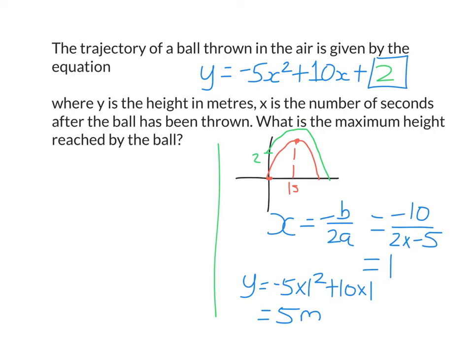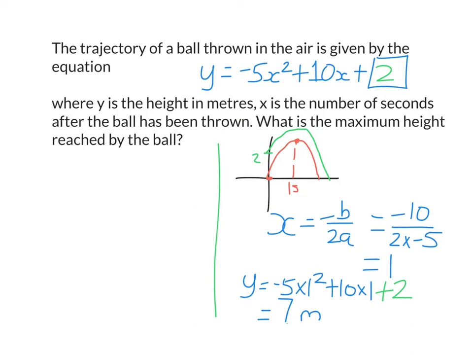But for the y coordinate of the turning point, I would just add 2 on the end, and that would mean that the maximum height becomes 7 instead of 5. So if I change this value of c, you can see that it's changed the y value but not the x value of the turning point.